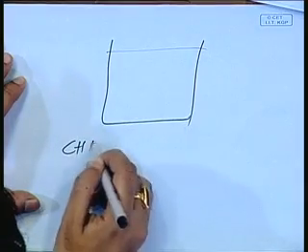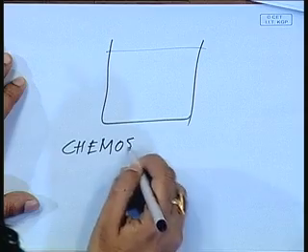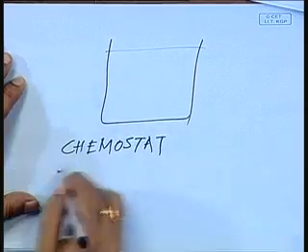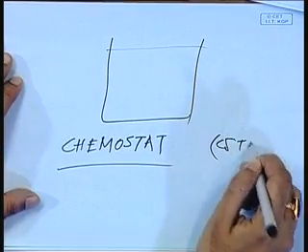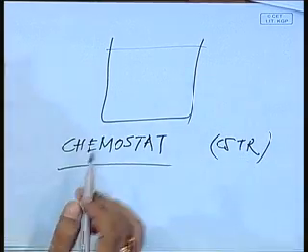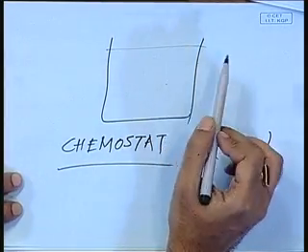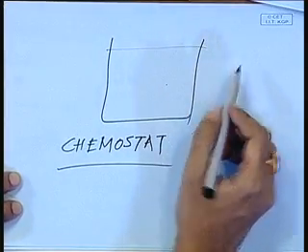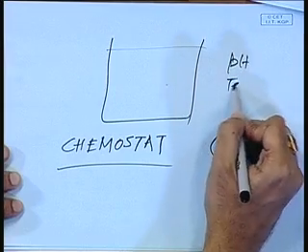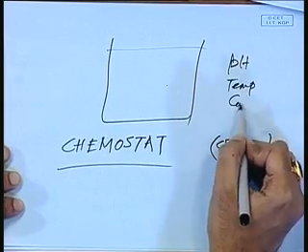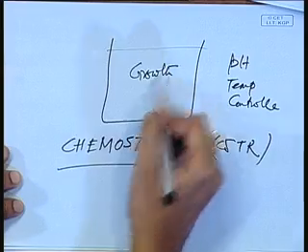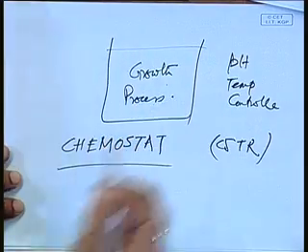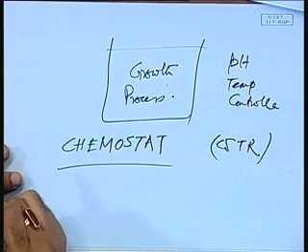Starting next class, in a new chapter, we look at the chemostat, which is a CSTR for a biological reaction. Temperature and pH are controlled, and then we look at the growth process inside this reactor.